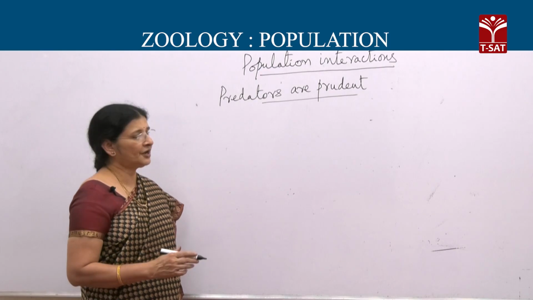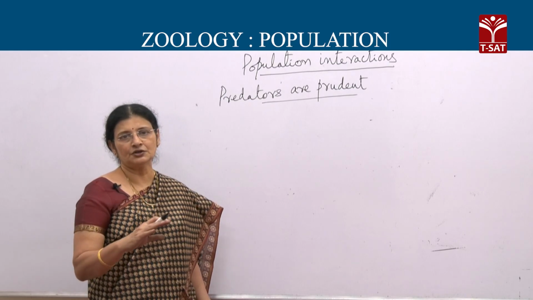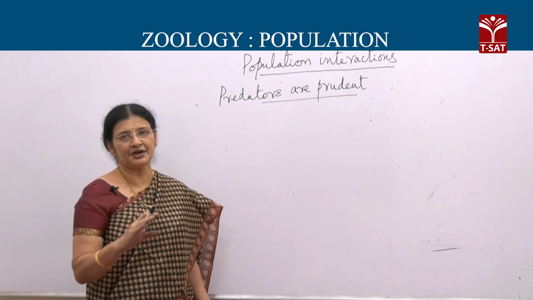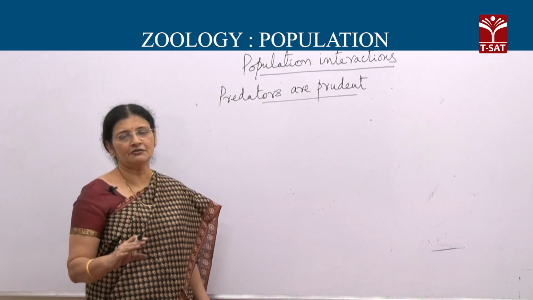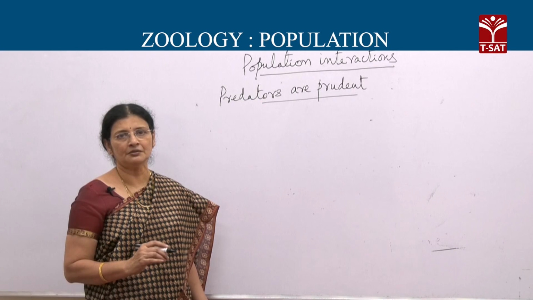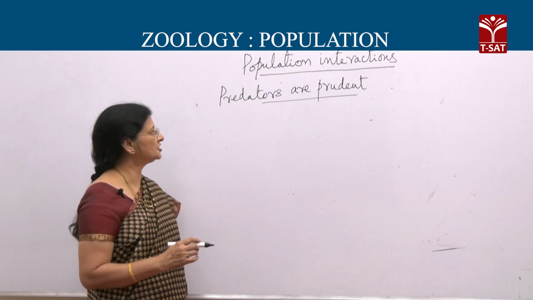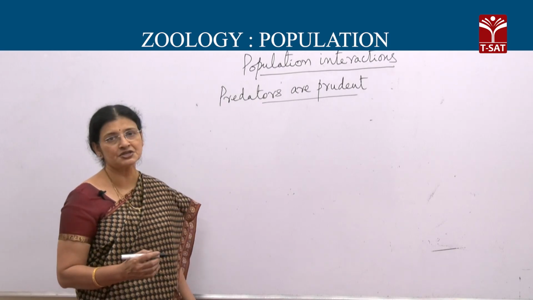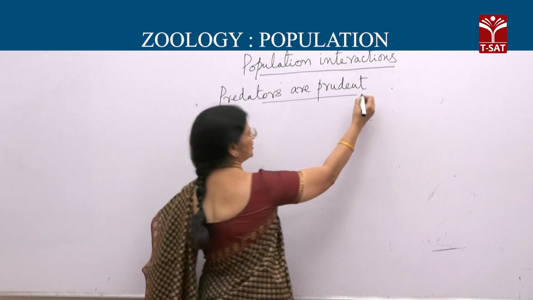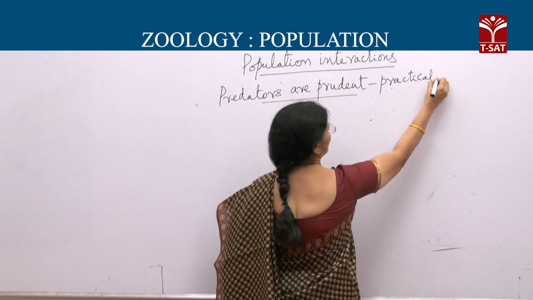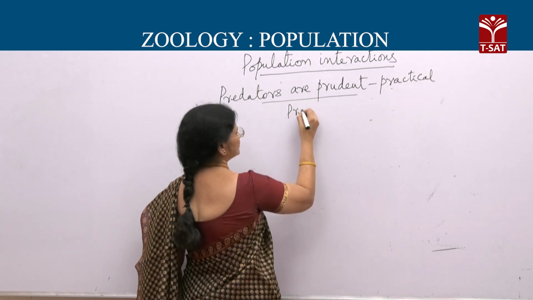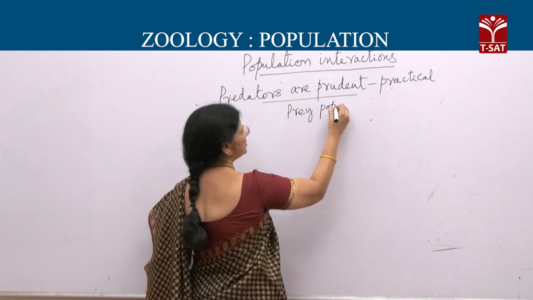So they are very practical and don't eat away the entire prey in one day; only whenever it is required do they feed on the prey populations. That way we should say predators are very much prudent. Prudent means practical. So prey populations are always maintained.